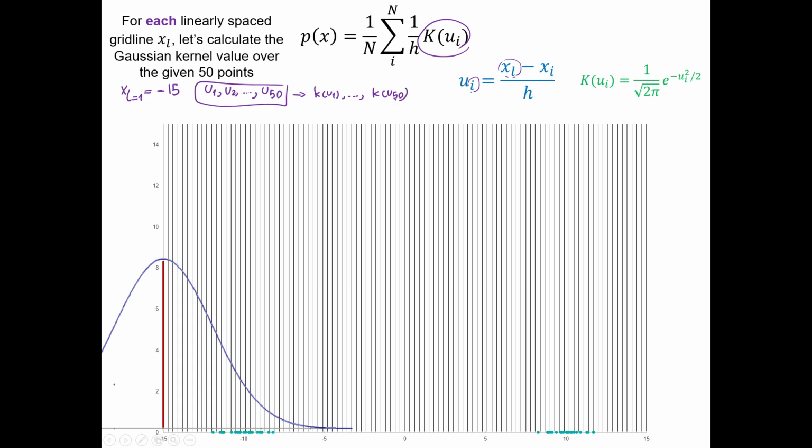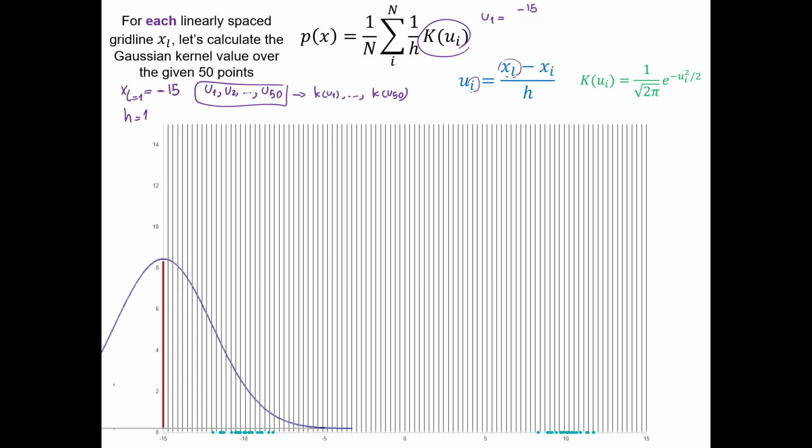Let's do it for U1. Let me assume that h, the bandwidth, is equal to 1, just a very simple example. U1 means what? What is our grid line x value?